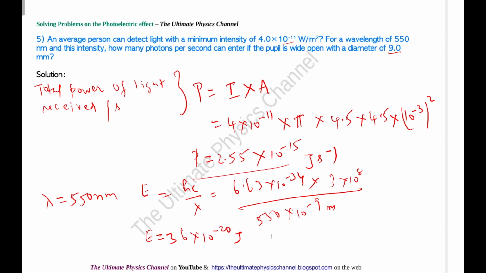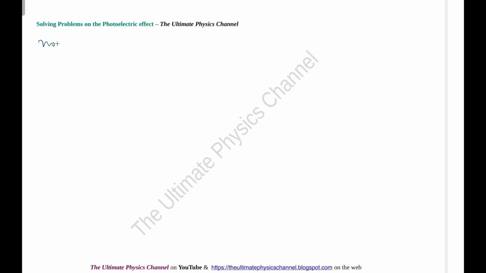Now we need number of photons per second, so we can write number of photons is equal to the energy that we calculated, right, from the power, that is 2.55 into 10 power minus 15 joule per second, because it was in watt units, over this one.